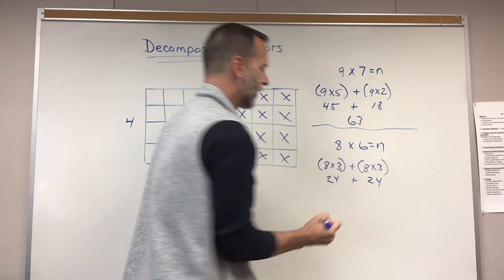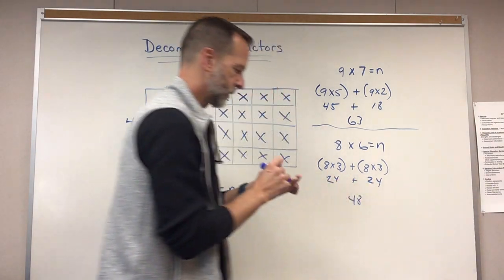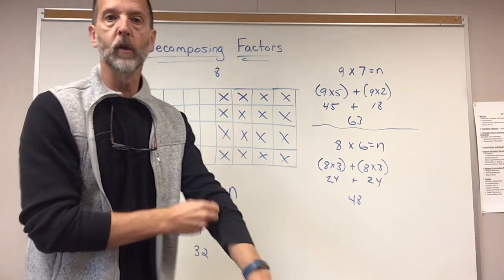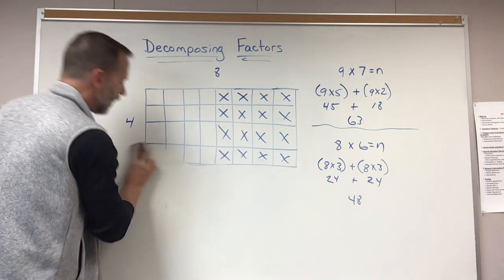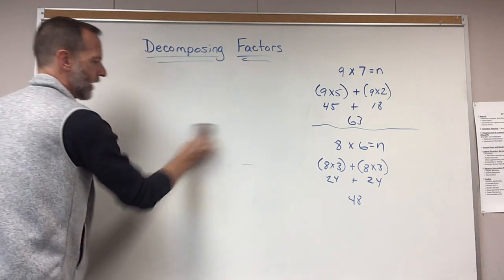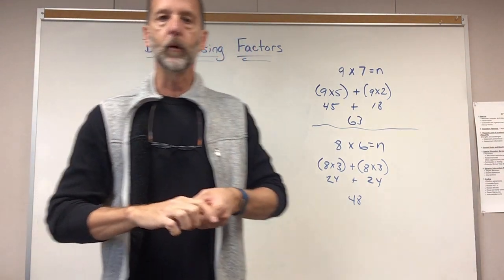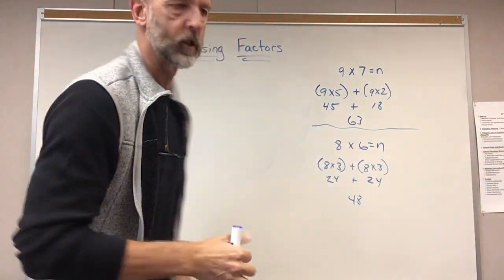We're going to add 24 and 24, it's still 48. All right, guys, so when you're decomposing your factors, you're taking one factor out of the pair and breaking it down into 2 smaller ones, and that should help you figure out the 2 smaller products, add them together, and it'll give you the larger product.